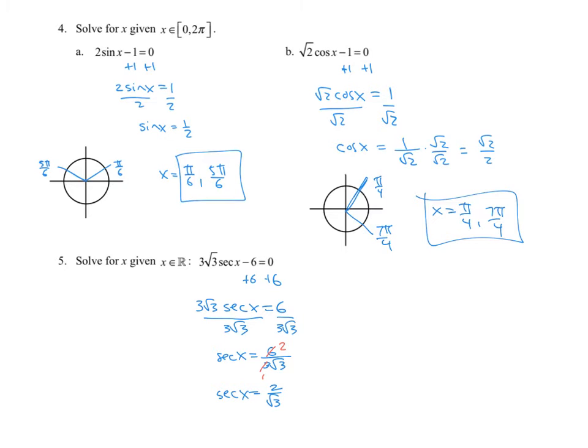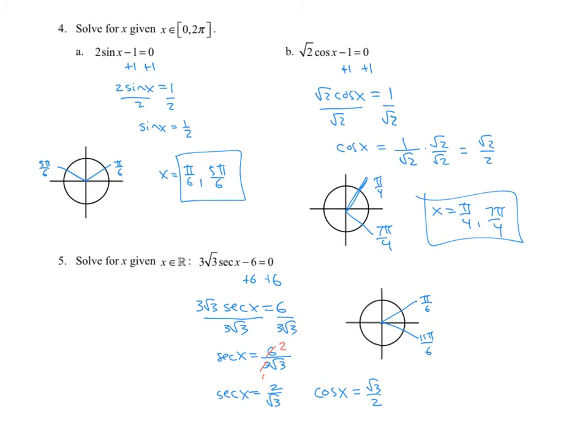Remember, secant is the reciprocal of cosine. So I want to figure out where cosine x is the reciprocal of 2 over root 3, which would be root 3 over 2. On the unit circle, cosine x is root 3 over 2 at pi over 6 and 11 pi over 6.